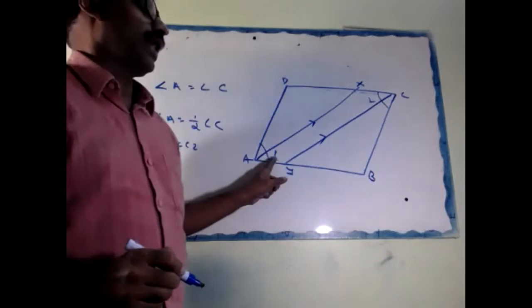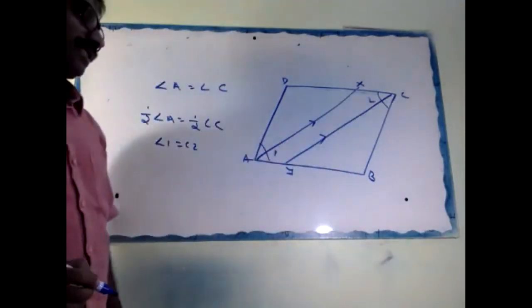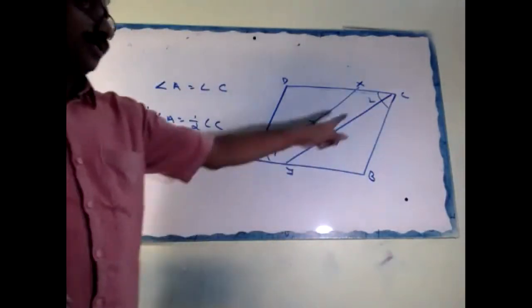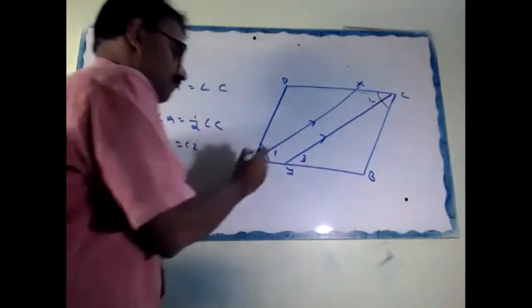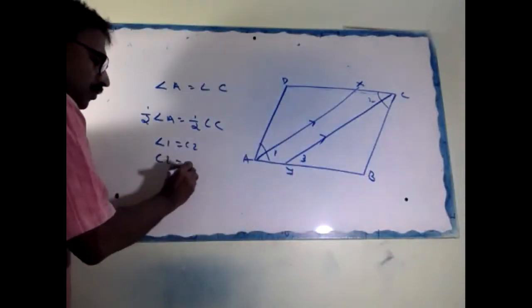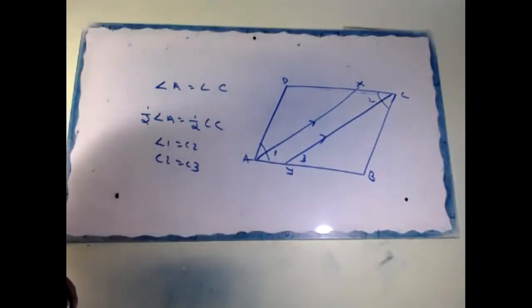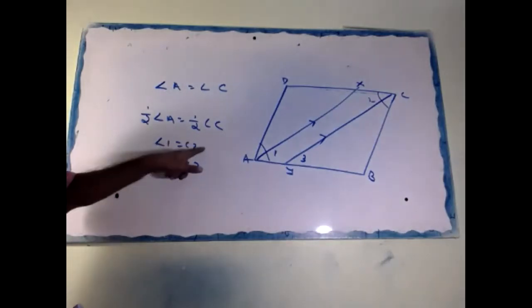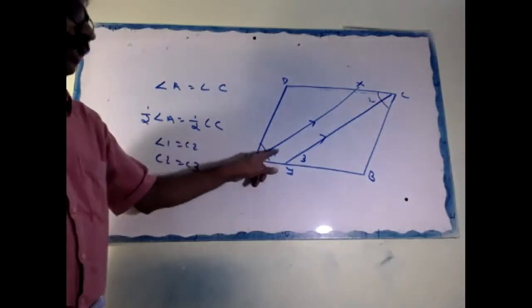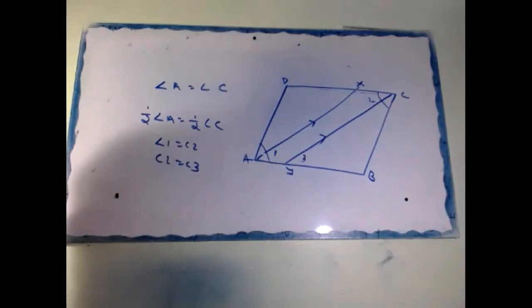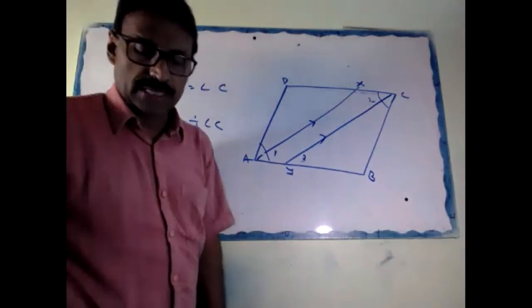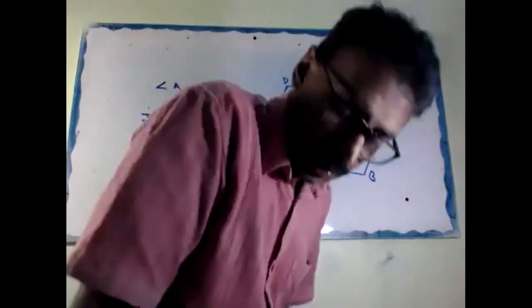The reason is that AX and CY are bisectors. Then angle 2 equals angle 3, alternate angles. 1 equals 2, 2 equals 3, that means 1 equals 3. Angles 1 and 3 are corresponding angles. Therefore, AX is parallel to CY. Clear or not?